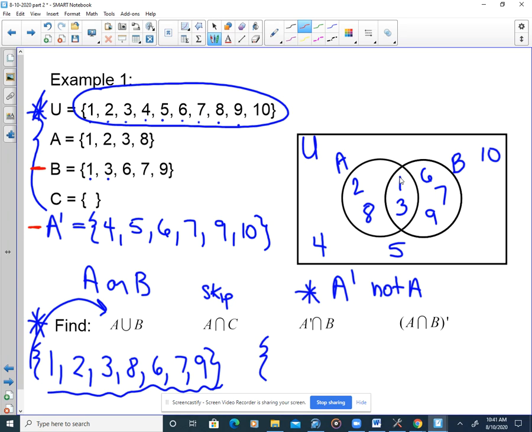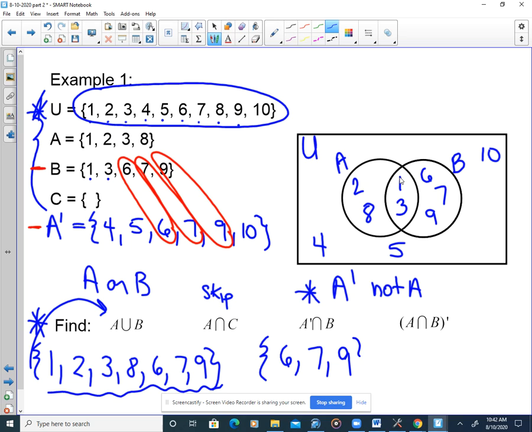They got a 6 in common, they have a 7 in common, and a 9 in common. So the set that contains not A intersect with B would be this set. The set that contains 6, 7, and 9.